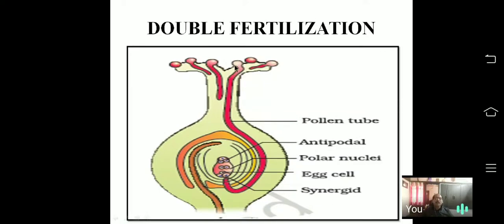See, this pollen tube first penetrates the stigmatic surface and gradually penetrates the stylar region, and next it enters into the ovary.